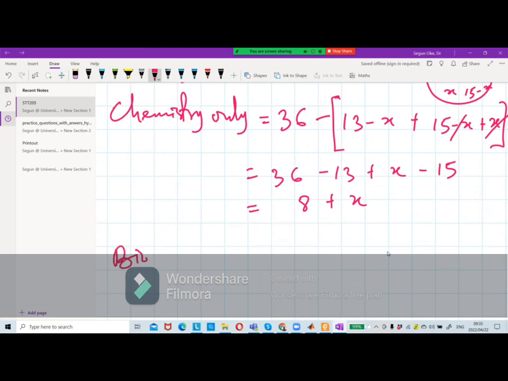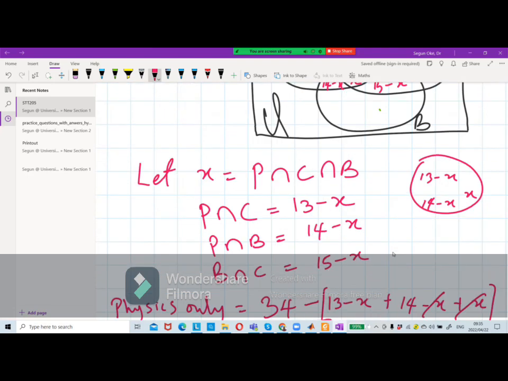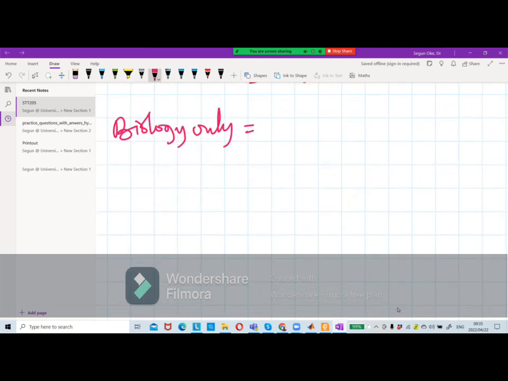Then we have biology only. Under the biology only, what is our B in this case? Our B is 41. According to the question, we're given 41. So we want to know how many people in biology. We have 41.